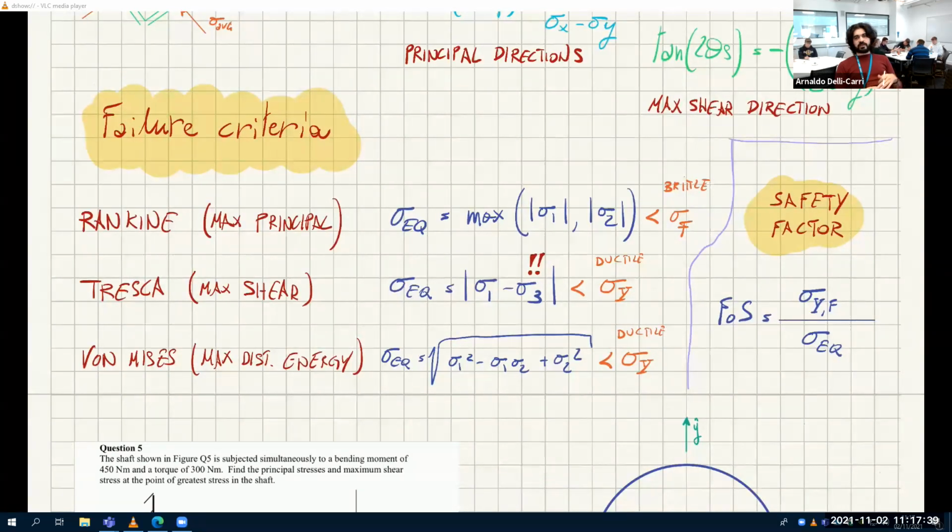These are also called failure criteria. But in reality, what Rankine, Tresca, and von Mises are saying is that you can take these 3 numbers and I can give you an equivalent sigma. So I take sigma x, sigma y, tau xy, and I spit out sigma equivalent.